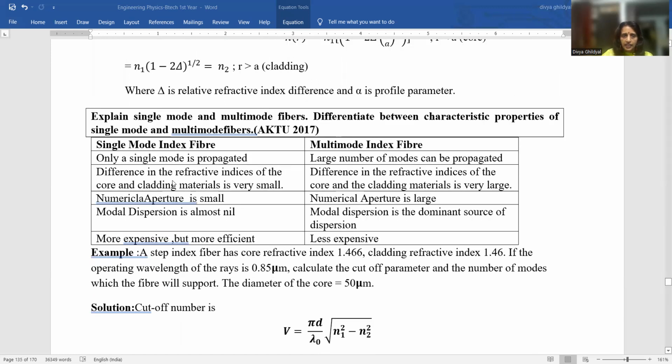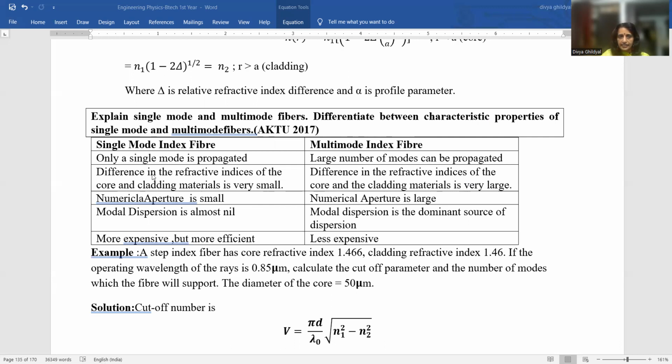Now, from the very language only, it is clear single is one, multi is many. So in single mode index fiber, only a single mode is propagated. In multi, a large number of modes can be propagated. In single mode, the difference in the refractive indices of the core and cladding is very small. Here, the difference in the refractive indices of core and cladding is large.